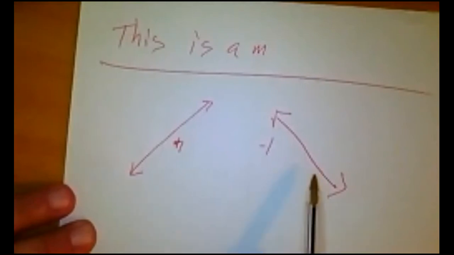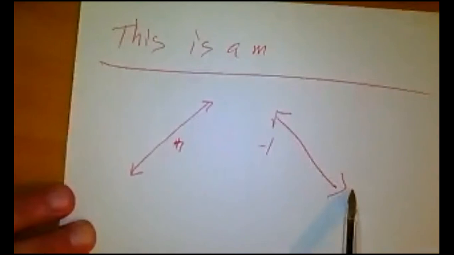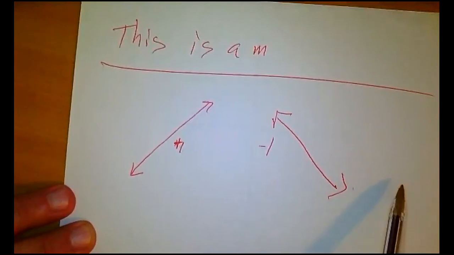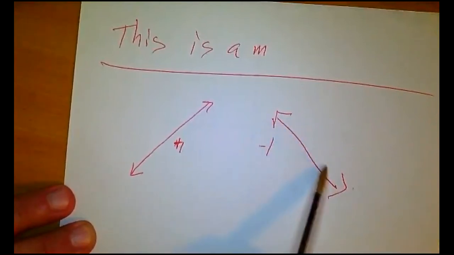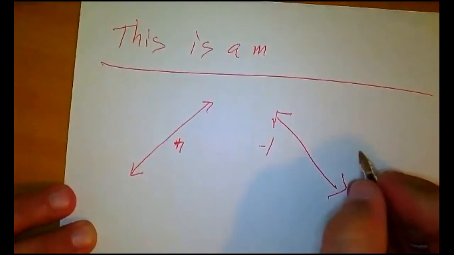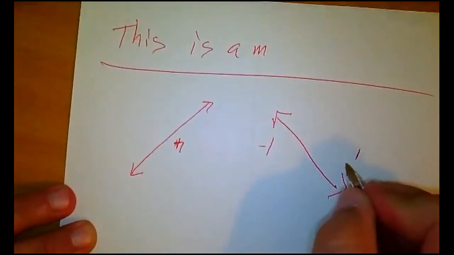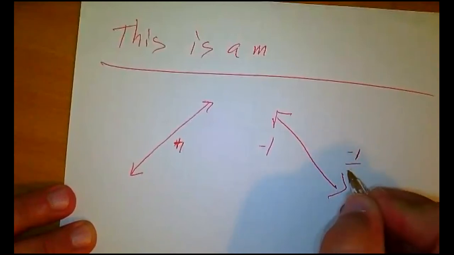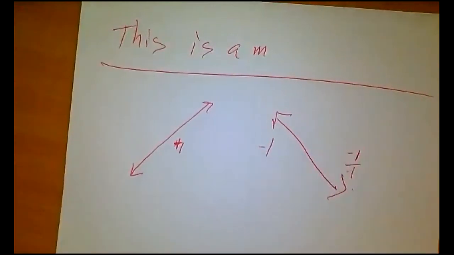So you can see here that as y gets smaller, x gets larger. Because x is getting larger in this direction, its motion is positive, but y is coming down. So for every 1 x, the change in y over change in x looks like this.